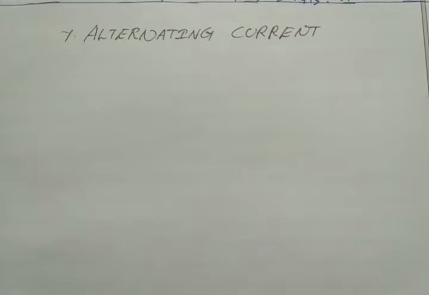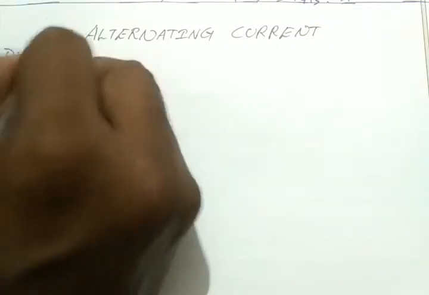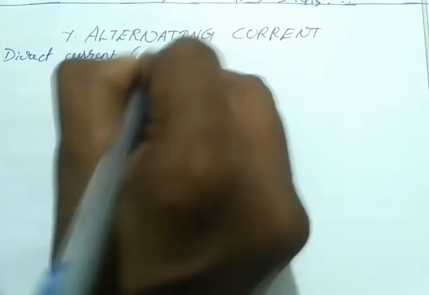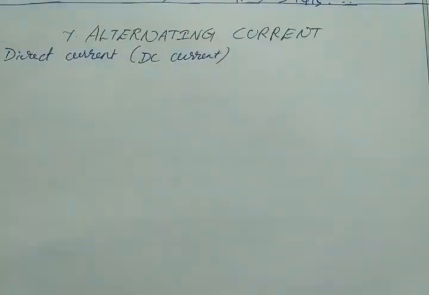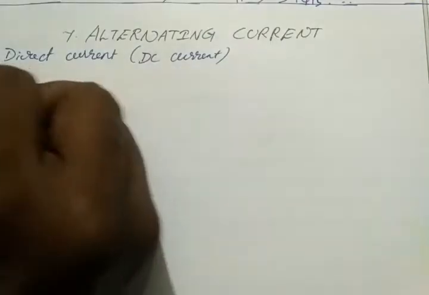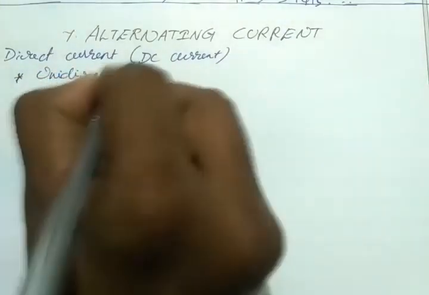First we see the difference between DC current and AC current. Direct current flows in one single direction, so it is also known as unidirectional current.